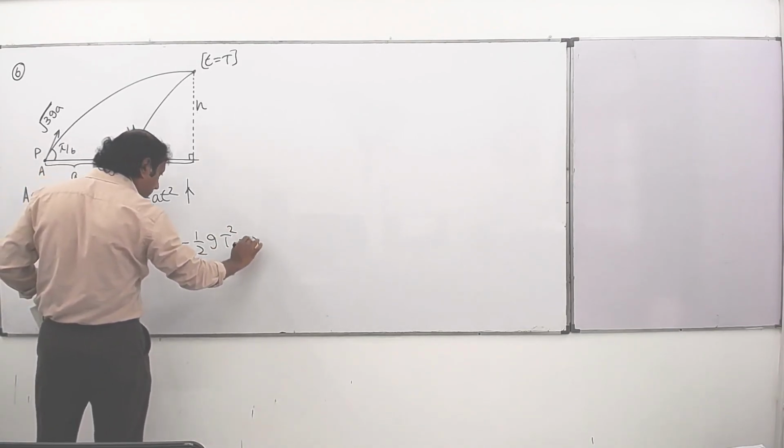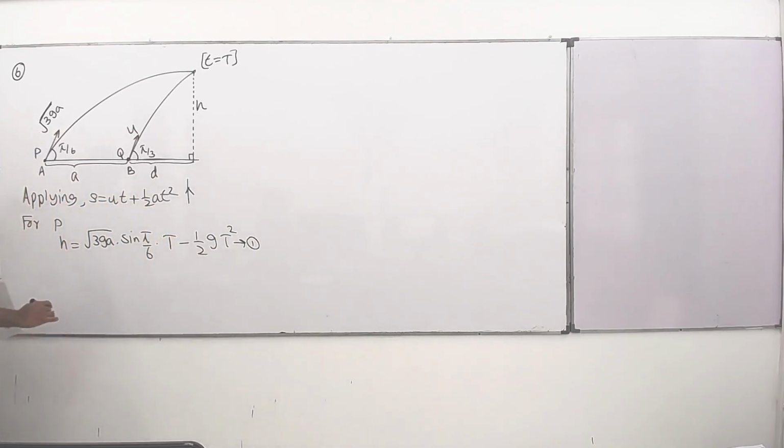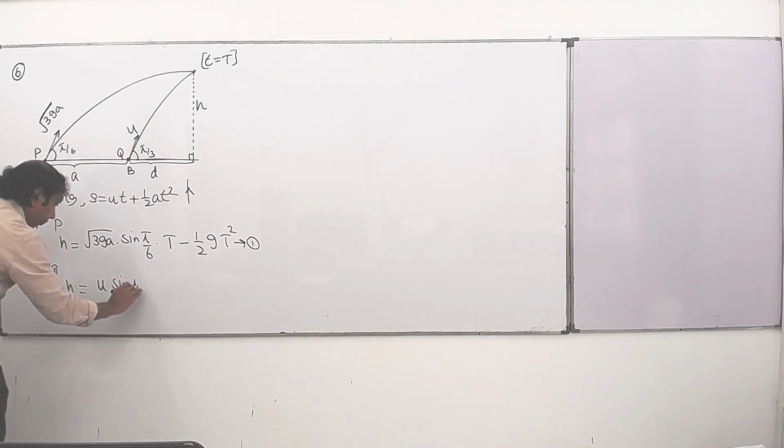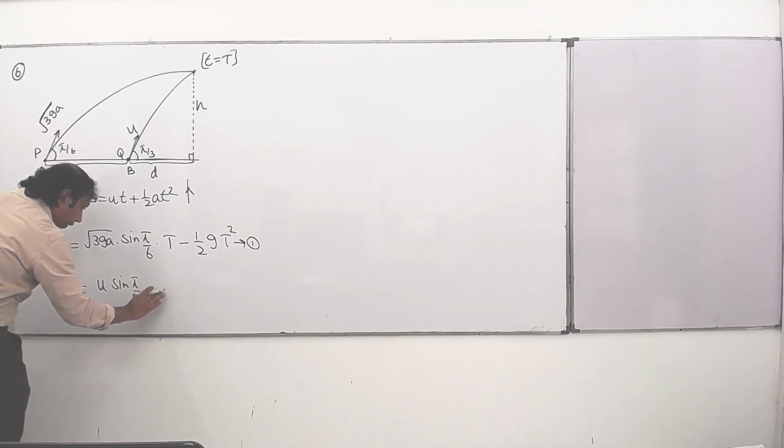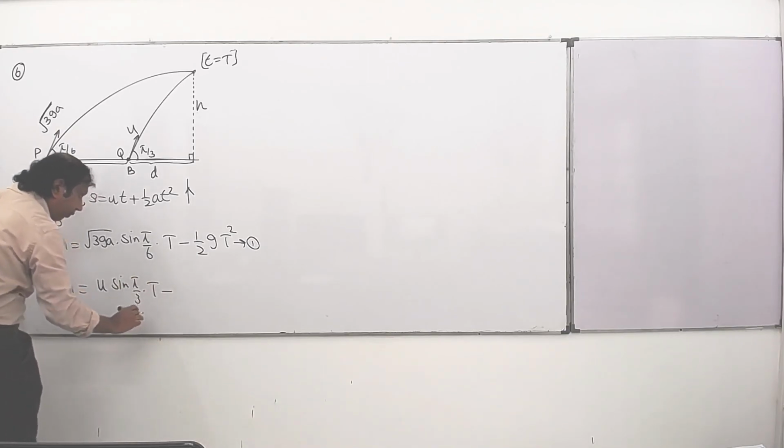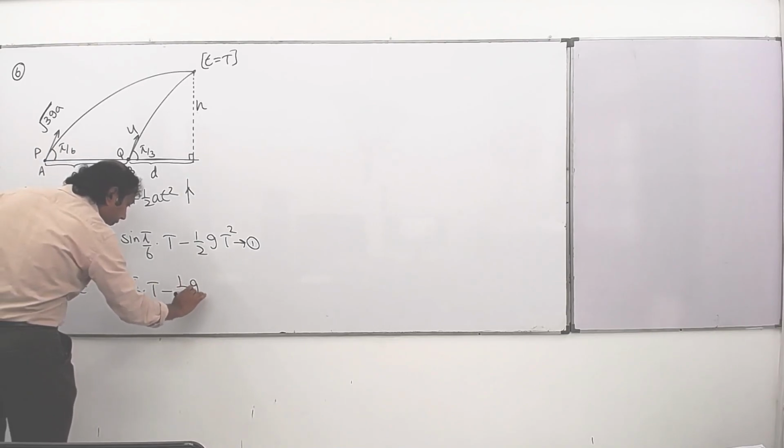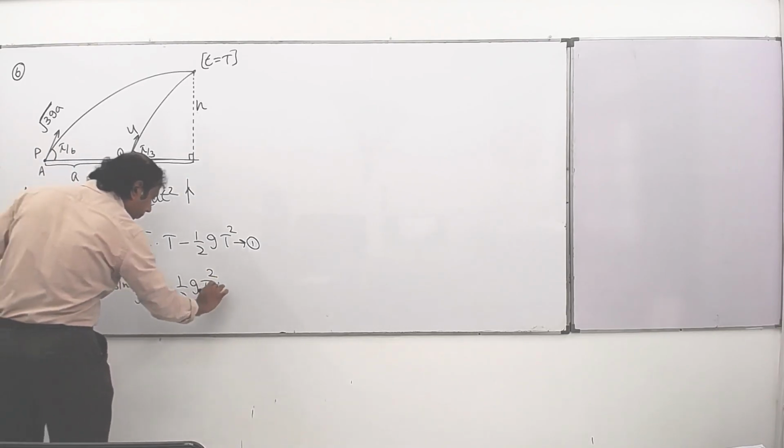This is number 1. Secondly, for Q, the same height, no? Here, u sine pi by 3 times T minus half g T squared, number 2.